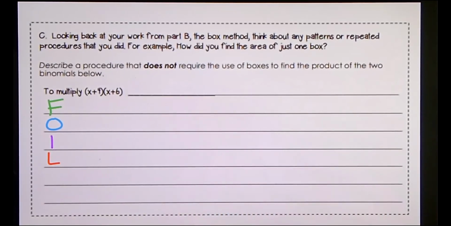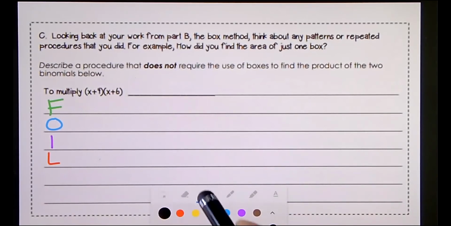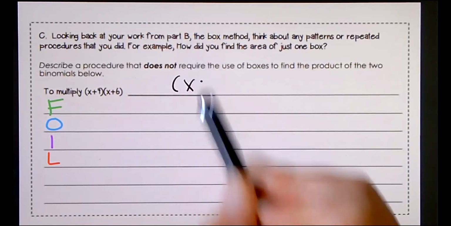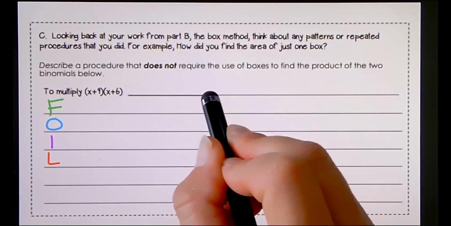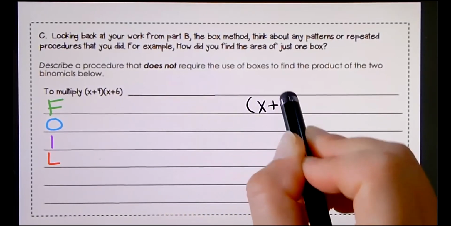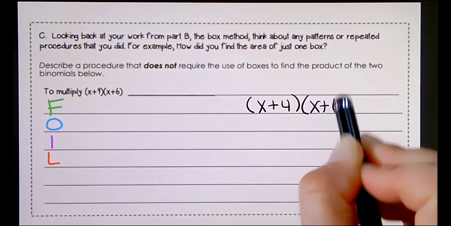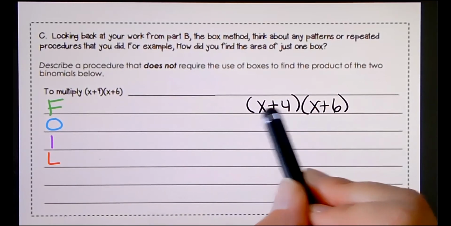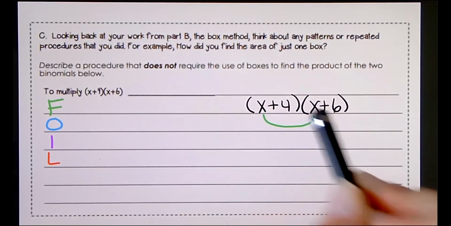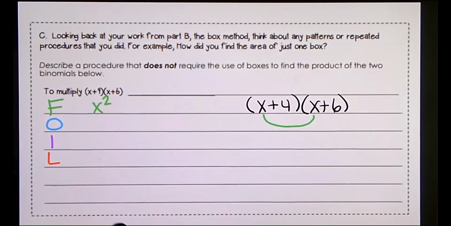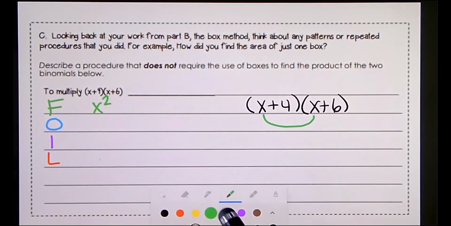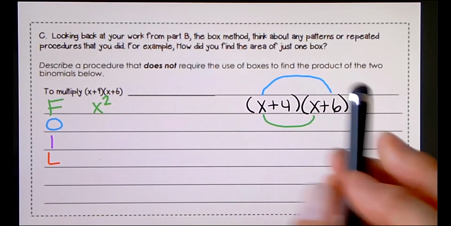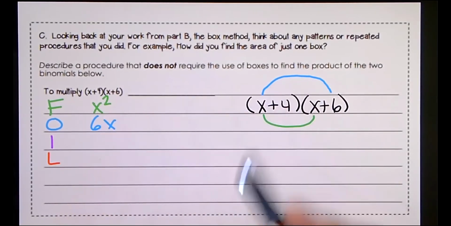Let me just show you what I mean by that. I'm going to rewrite this out, let's say in black. So this is x plus 4 and x plus 6. My first is my first term times my first term, so that is our x squared. Our outer, the ones on the outside, x times 6, which is 6x.